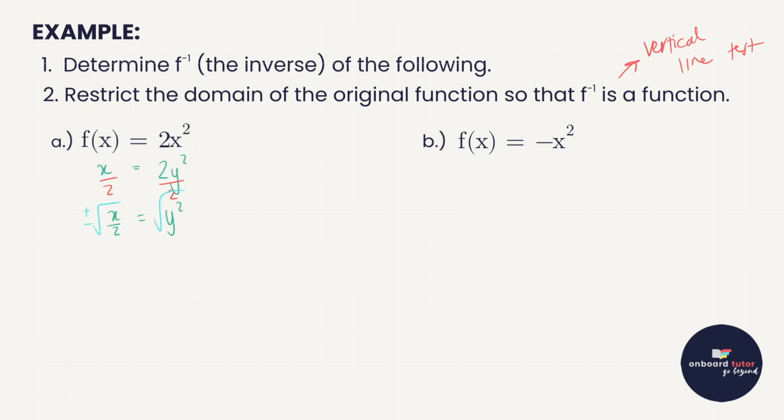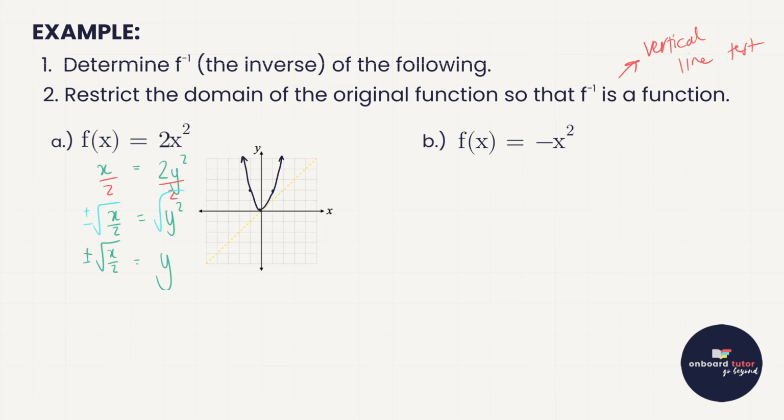Remember, when you introduce a square root, it's a plus or a minus. And so what we end up with here is the equation y is equal to plus or minus the root of x over 2. Okay, now that might look like something very foreign for you to draw, but we all know how to draw this parabola. It's going to look something like this.